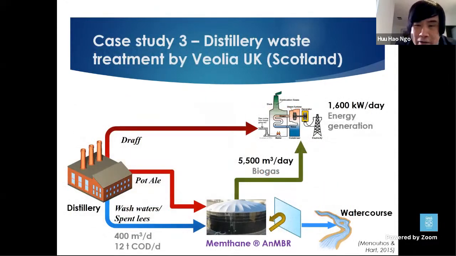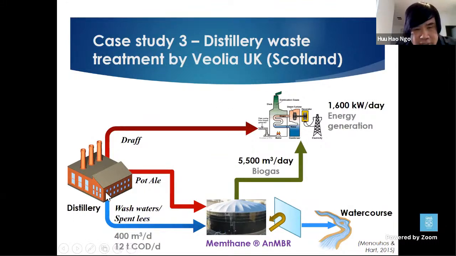Now, another happy case study that I would like to show you. It seems to be a very new one, just 5 years ago, brand new. This is the distillery waste treatment by Veolia UK in Scotland.